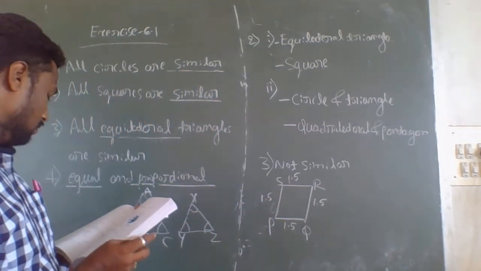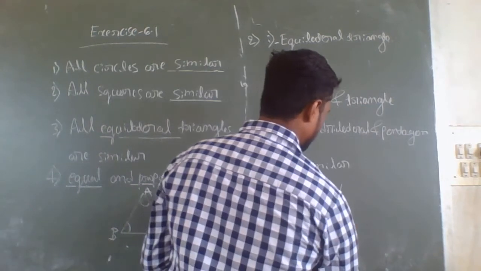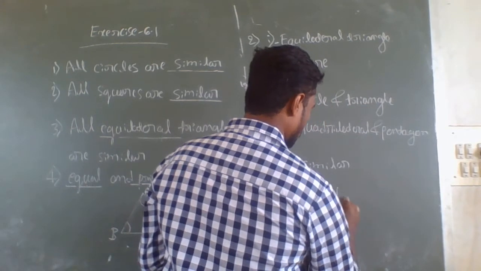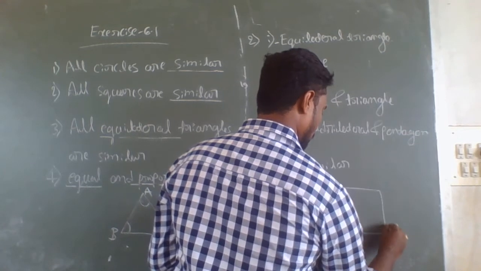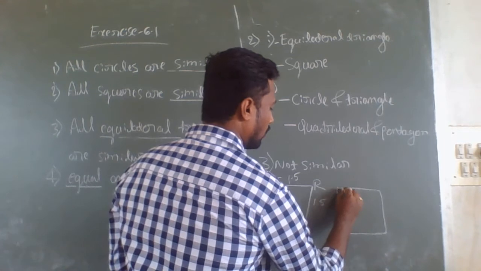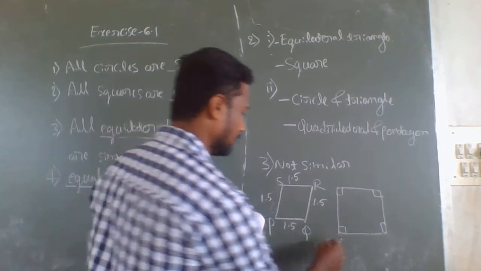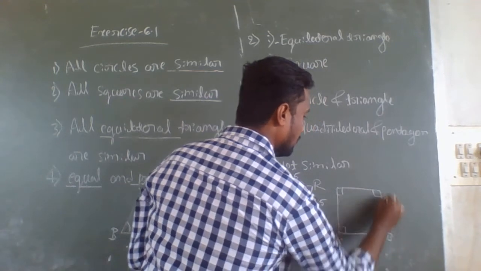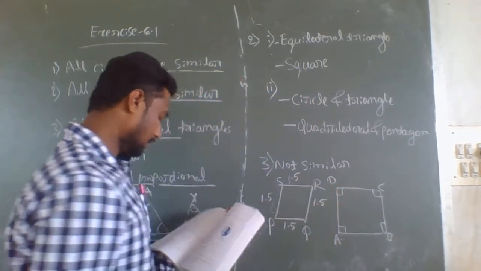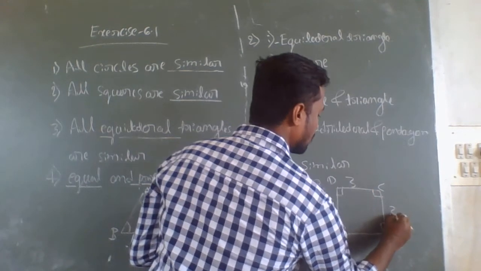And the other figure given is ABCD. And here all the angles are 90 degrees. Perpendicular means 90 degrees. This is ABCD, and here all the sides are of 3 centimeters.